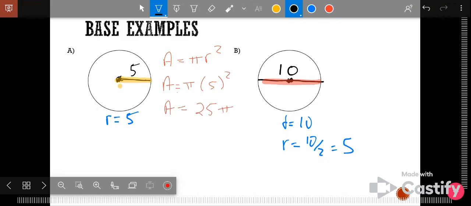If I type that into Desmos, or any calculator, I should say, it's going to give me some big, fancy, long decimal answer. And so we will need to round to something. And so most of the time we'll round to 100th or 10th. And so we'll say 10th here. And so we'll say it's about 78.5. And I'm going to just do a U for units squared.